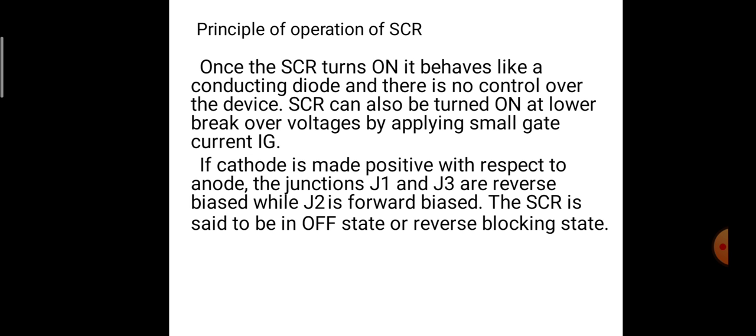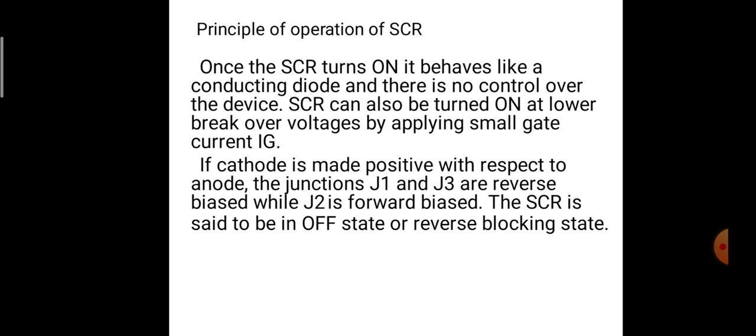Once the SCR turns on, it behaves like a conducting diode and there is no control over the device. SCR can also be turned on by applying a small gate current Ig.